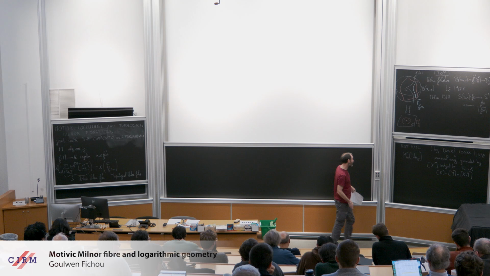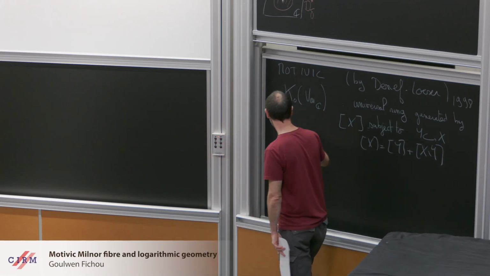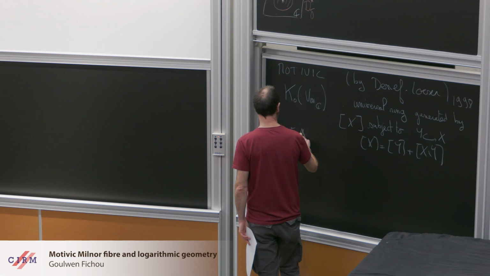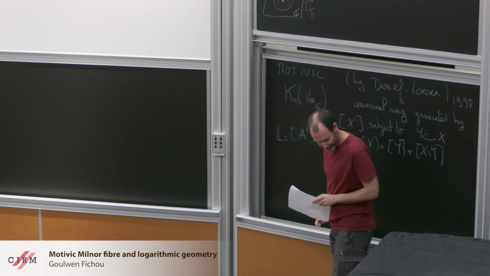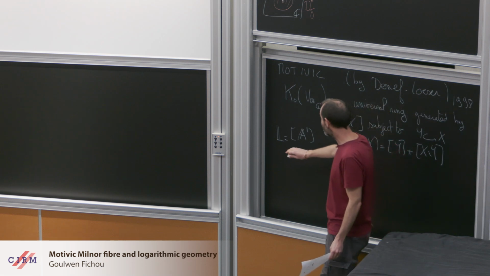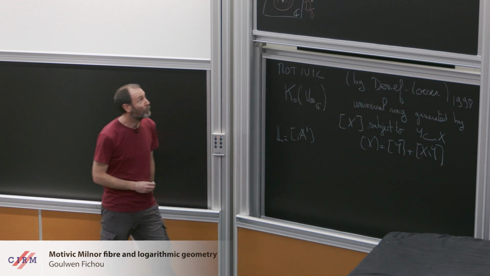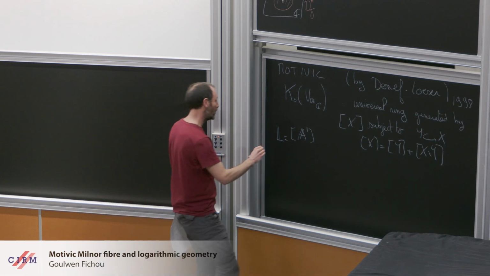There is a special class in there given by the affine line. And so we need to invert this class in this ring to consider this Motivic Milnor fiber.